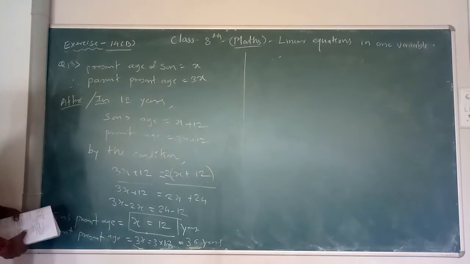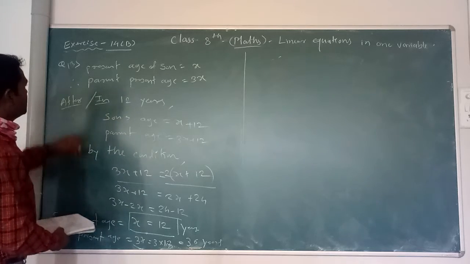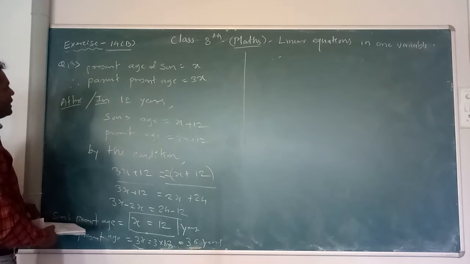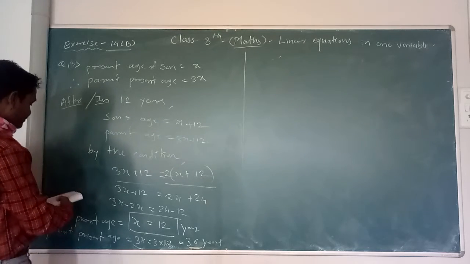So we got both the ages. Have you understood? Here we found the age of the son and also the age of the parent. After that we will see the next question.